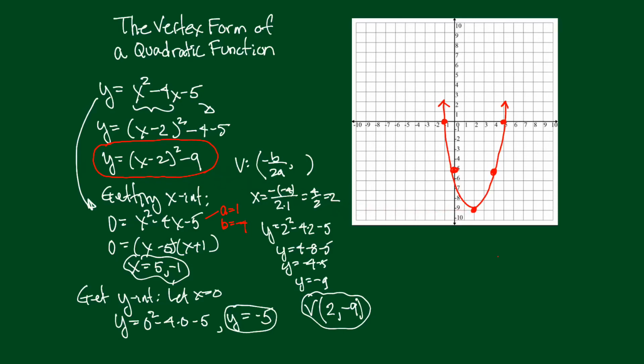Right there at the vertex. So it's very convenient sometimes to write a function in this form right here, and there's a name for this form. This is called the vertex form of a quadratic function. And what do you know? That's what we're looking at right here.